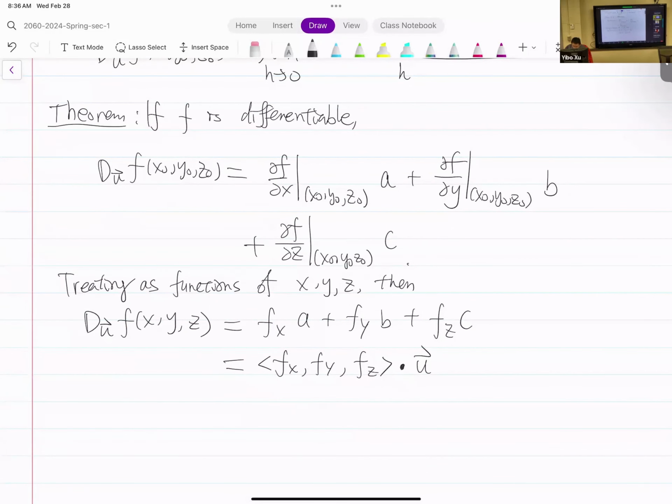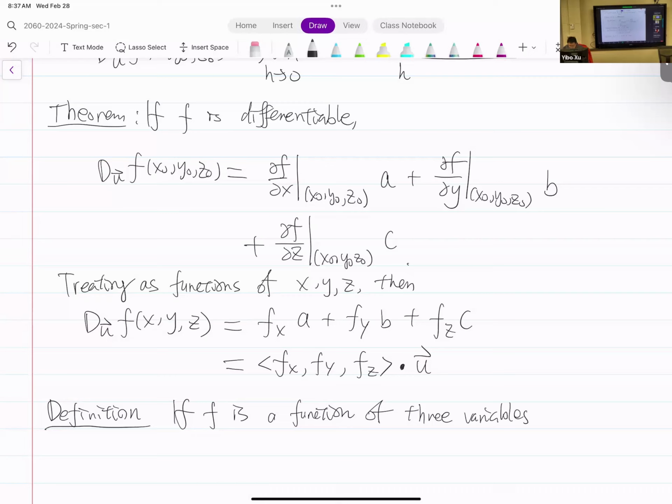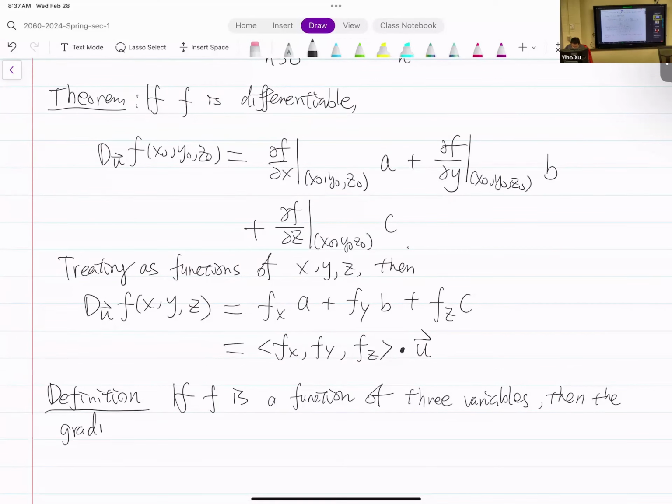That's our second part of the section. Definition. If f is a function of three variables, then the gradient of little f is the vector.